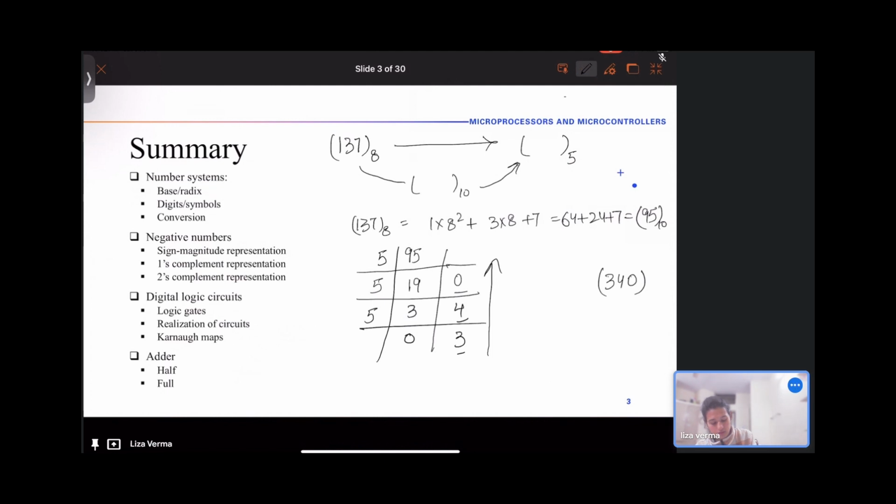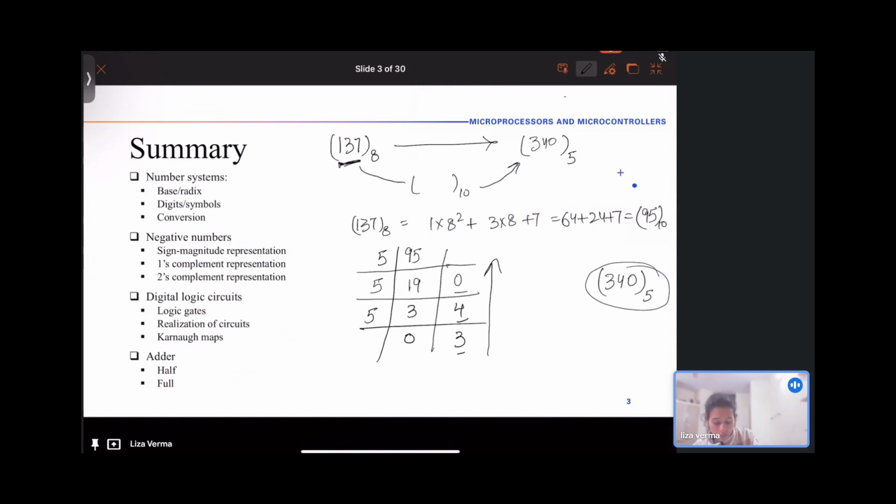So this is the representation of 95 in a number system with base 5, right? So this is 340. Okay, this is the conversion.